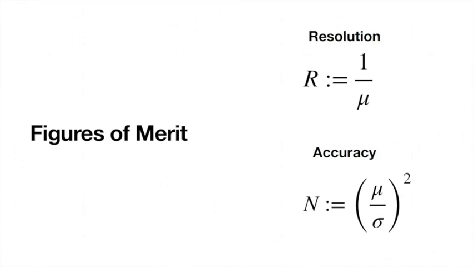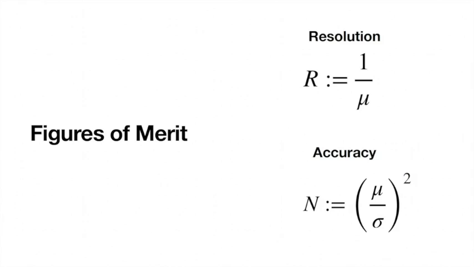And the second measure, accuracy, which also leads to a lot of confusion sometimes, is basically something like a signal to noise ratio. So that's just the mean over its standard deviation, or the variance squared.